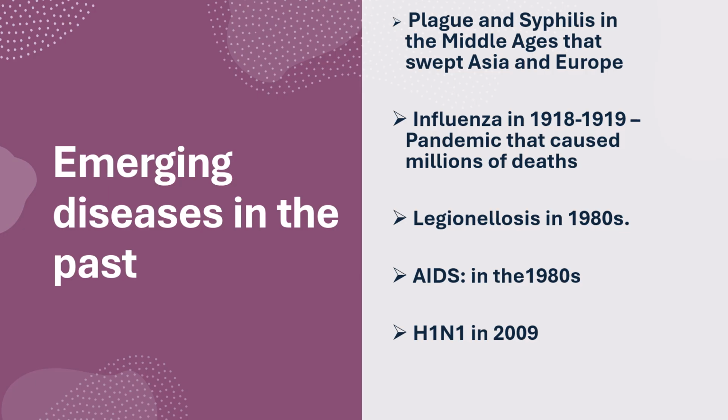Then came legionellosis in the 1980s, which was caused by Legionella pneumophila. This is an organism which spreads through water. The disease is also known as Legionnaires' disease, which can lead to pneumonia and can be fatal.